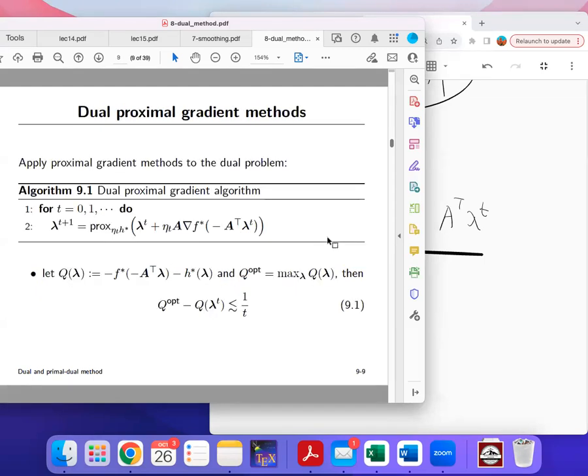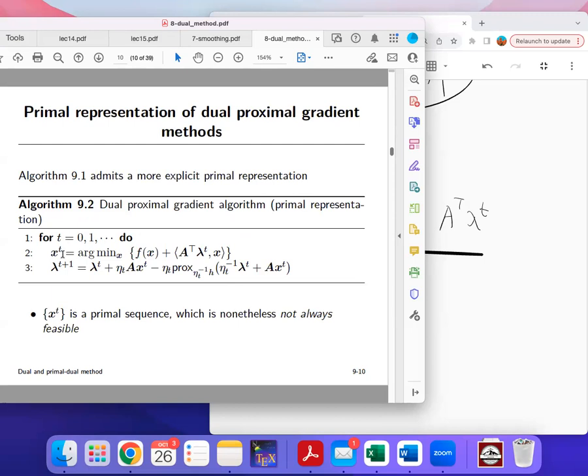So the dual proximal gradient method is simply applying proximal gradient to this dual formulation. And it turns out that such an update rule can be rewritten into a primal representation form. This h star and f star can be translated into these updates.